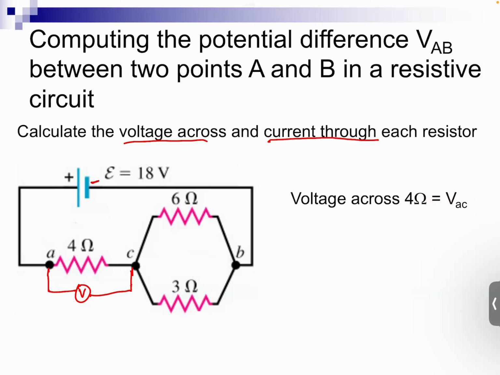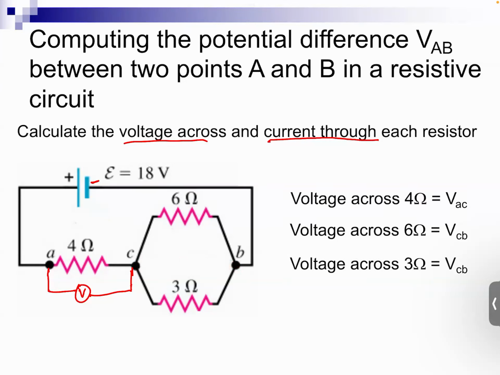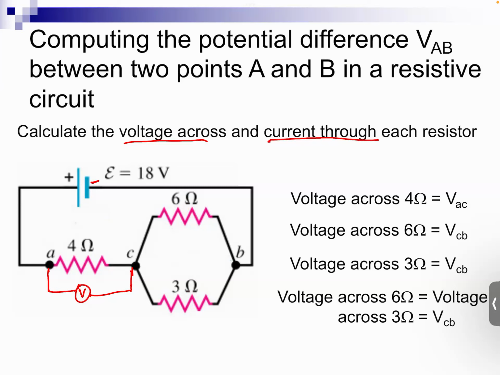So voltage subscript AC. Similarly, if you want to find the voltage across the 6-ohm resistor, we can use the notation voltage CB, meaning the voltage across the 6-ohm resistor is the same as the voltage across the points C and B. Of course, the voltage across the 3-ohm resistor will also be the voltage across points C and B. And as we learned, the 3-ohm resistor and the 6-ohm resistor are in parallel, so their voltages should be equal, and that will be the voltage across points C and B. All right, are we okay with that notation?